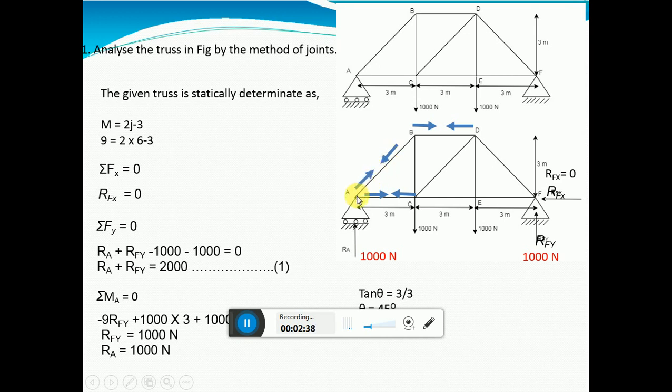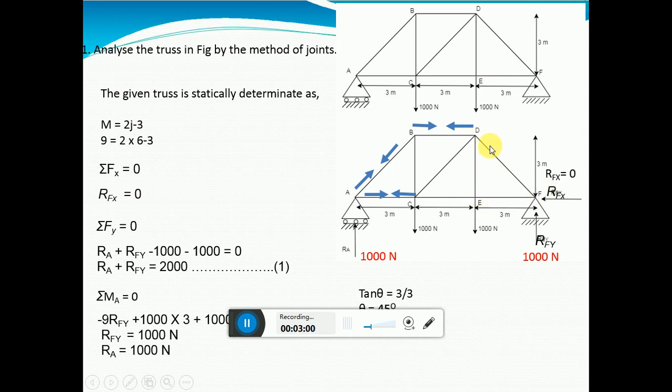That is, remember the force here in each joint. I have represented only for 3 members. In each joint the arrow mark should be pointing outside, showing that there is tension in each member. So in all the joints the arrow mark will be pointing outside.